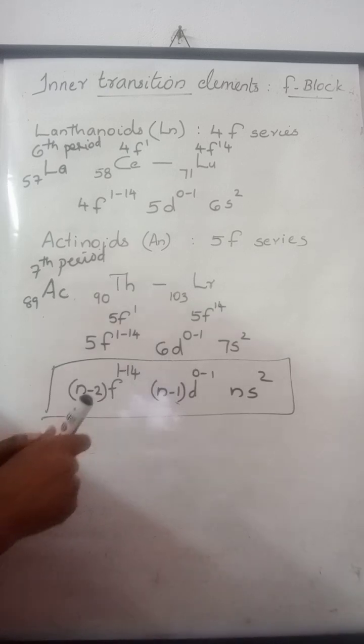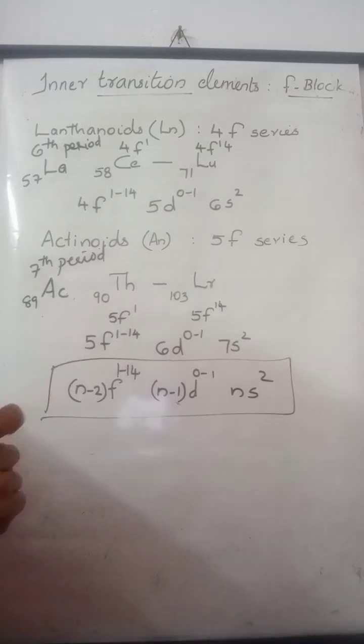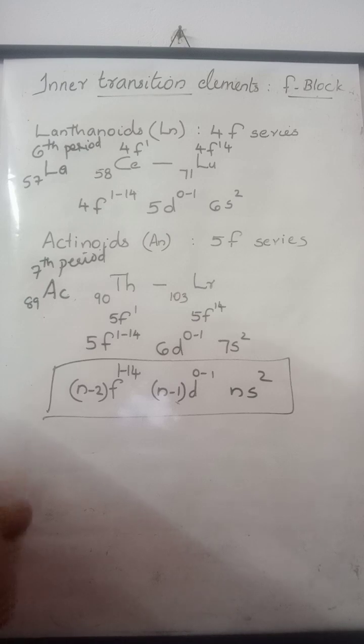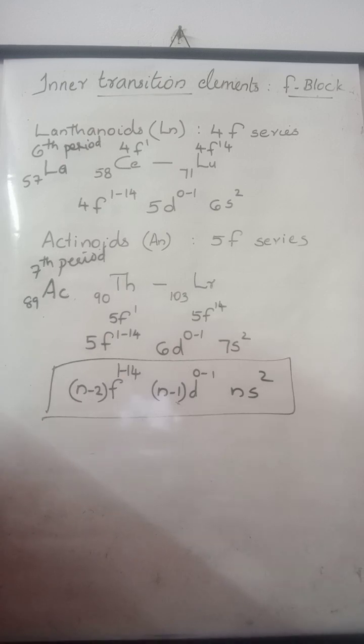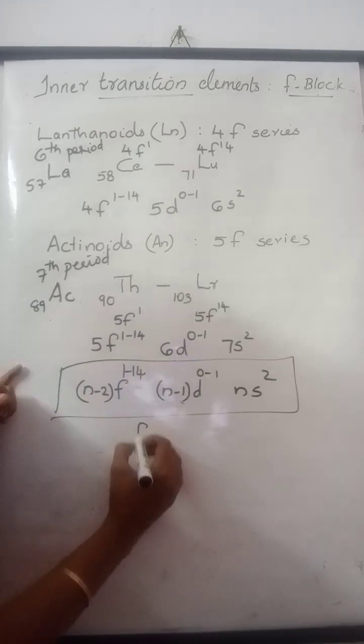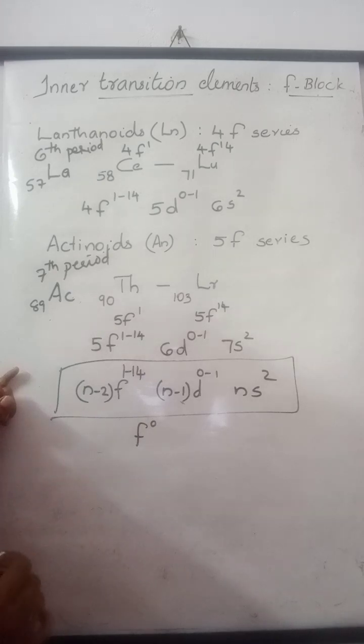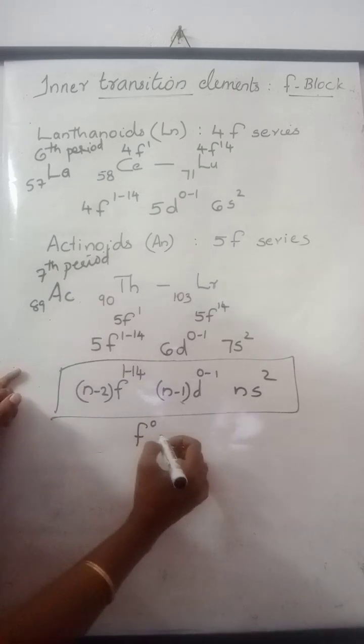And just like we studied, certain configurations are extra stable in the case of transition elements. Here also some configurations are extra stable, that is f0, an empty F atomic orbital.